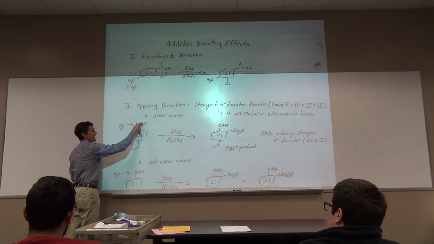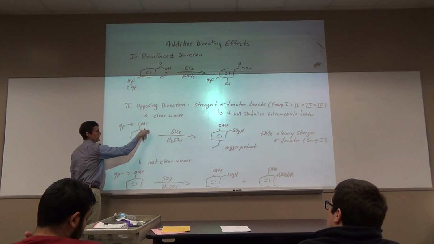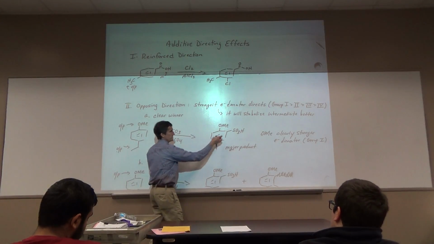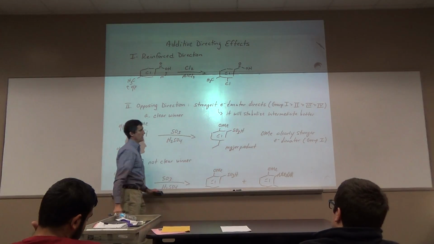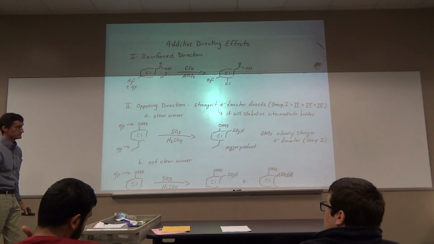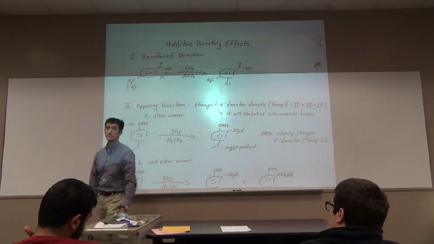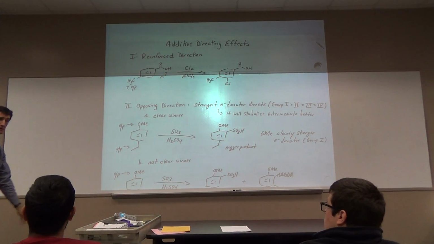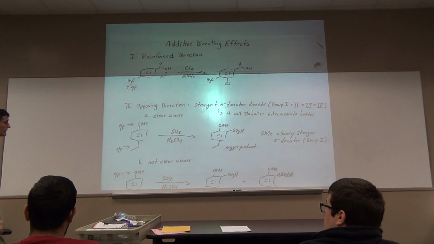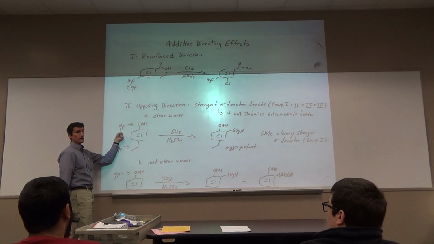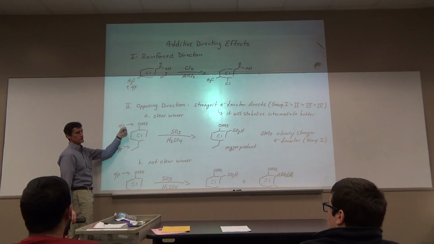So the strongest activator wins out. It's going to go ortho to that group, and so if you sulfonate, you're going to get this guy here as your major product. Now, it doesn't mean you might not get some here. That would be a minor product, but typically you're asked what is going to be the major product. So that's a clear winner there, even though they were sort of opposing.